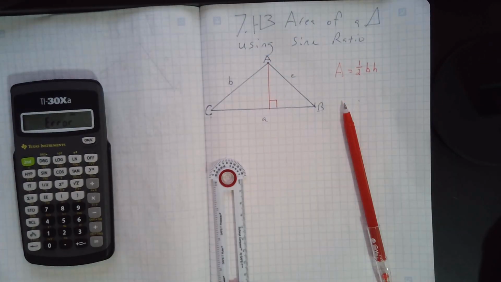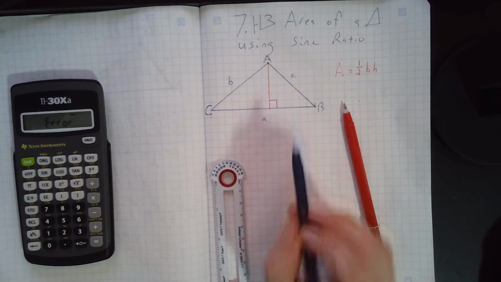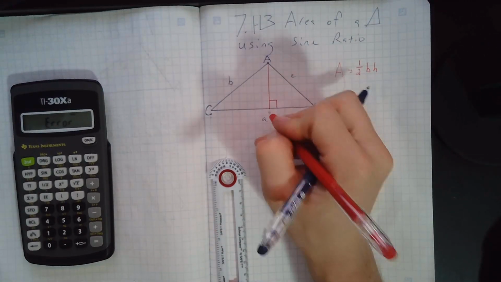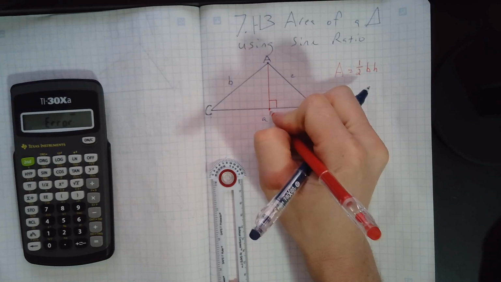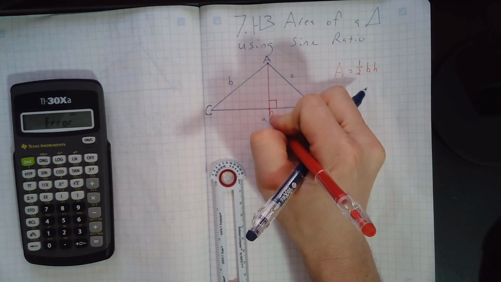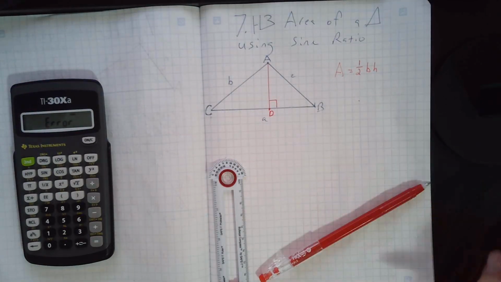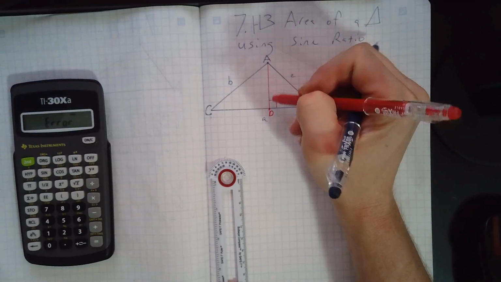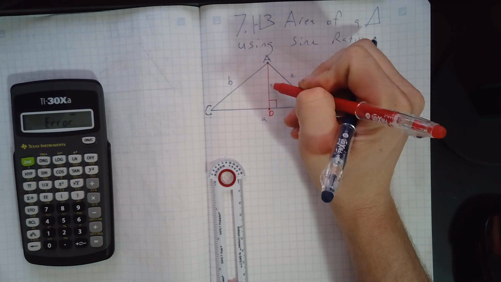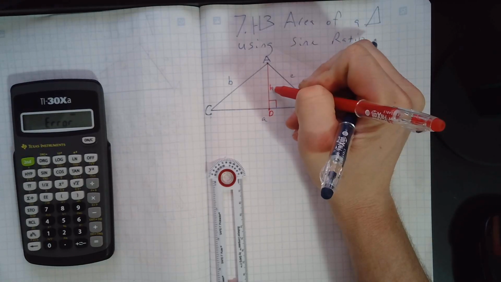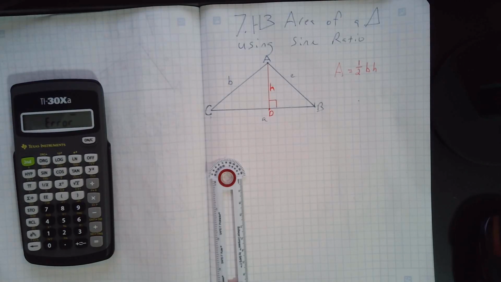Because they're opposite of their angles. And this little point here that we made, that is point D. And this line here, we're just going to call that h for height. That's the height of our triangle.